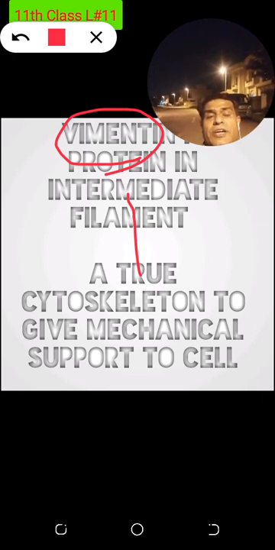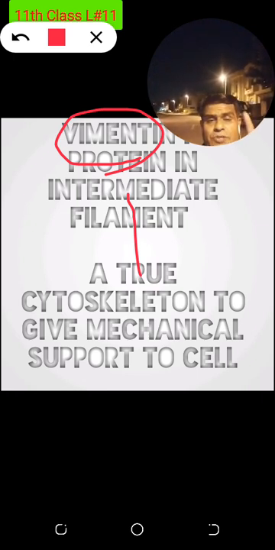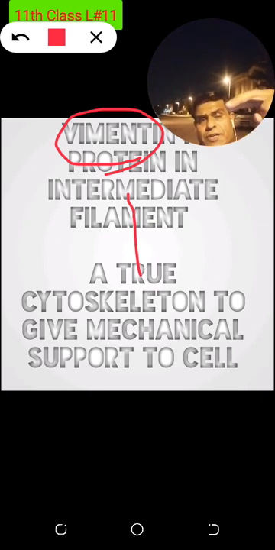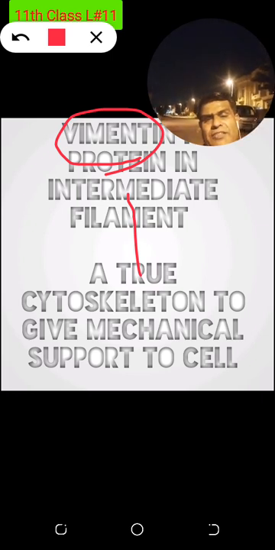The muscles contract due to the microfilament. You know, three types of proteins were present: one is actin, one was tropomyosin, third was troponin, and that was a complicated mechanism. In the senior classes I will teach you. When actin and myosin attach with each other, just like two fingers attach, the muscles contract; when they detach, the muscles relax.